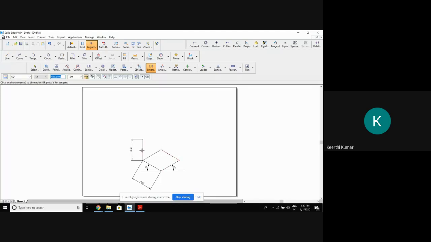So if you draw 4 lines from all the 4 corners, you'll be having a line like this, one line here, one here, one here. You'll be left out with these 4 lines.